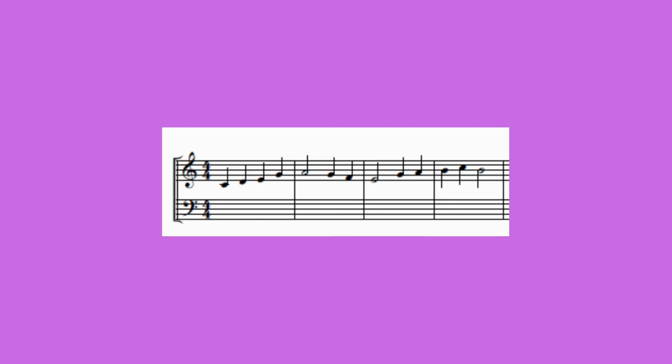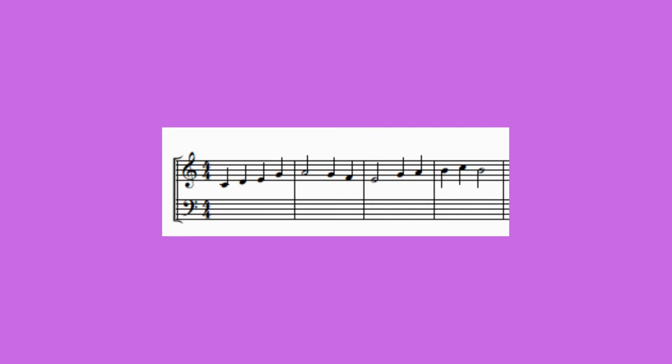After that, I will read the names of the notes without the rhythm first. C, D, E, G, A, G, F, E, G, A, B, C, B. And now I will put it all together, rhythm and note reading.